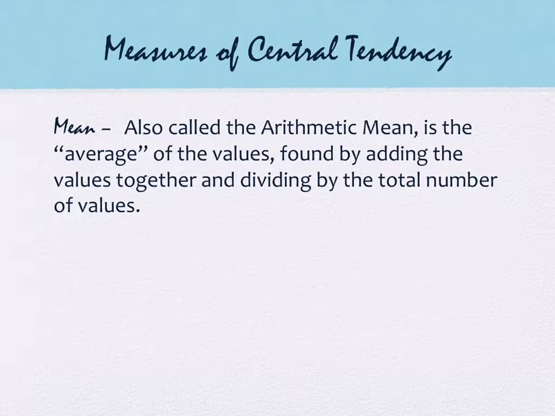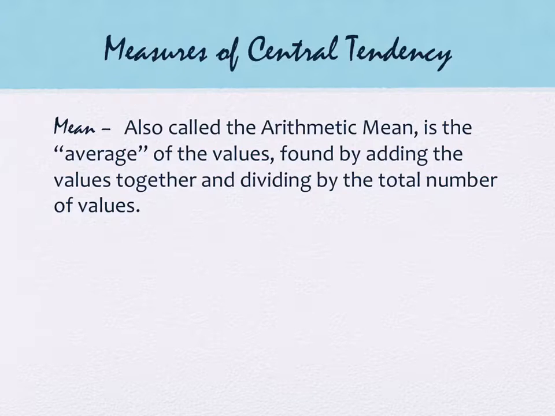There are three measures of central tendency that we're going to talk about. The first one is the one that you think of when I say the word average. It's actually the mean. The mean, also called the arithmetic mean, is the average of all the values. We find it by adding values together and then dividing by how many values we had.